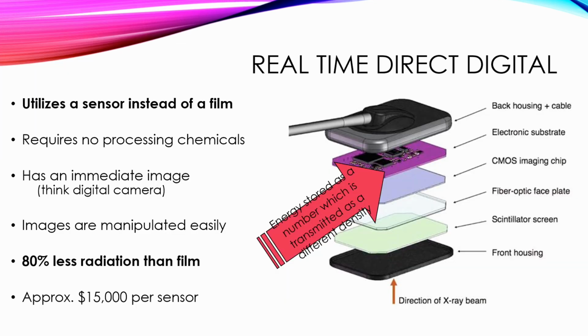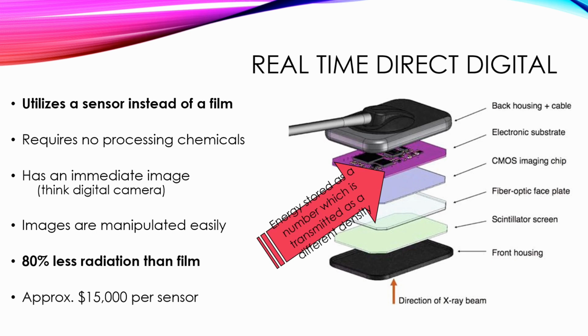When discussing the benefits of digital radiology, we oftentimes compare it to film X-rays. Here are some comparisons between the two. Digital radiology, or the use of a sensor, uses 80% less radiation than our fastest speed of film. The benefit of using a sensor is that we don't have to switch film every single picture.